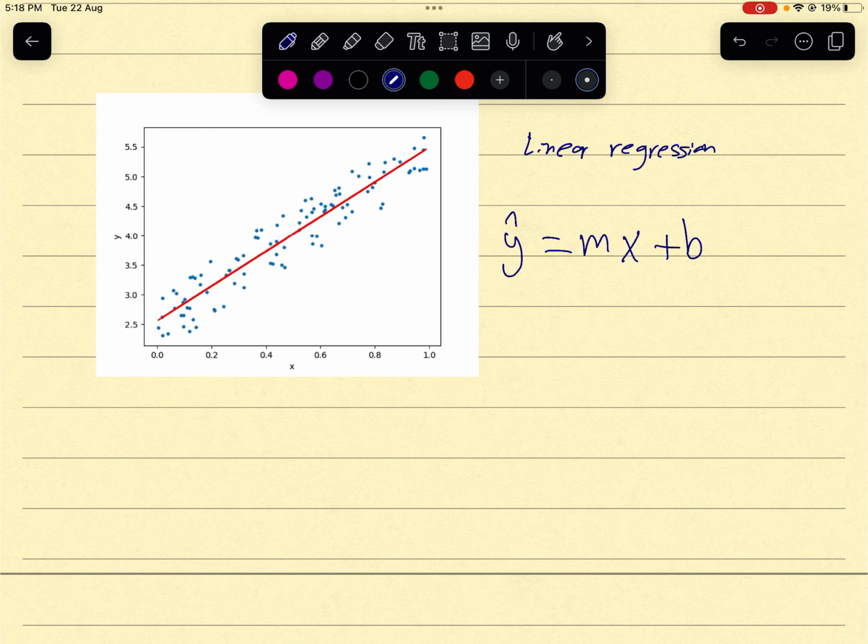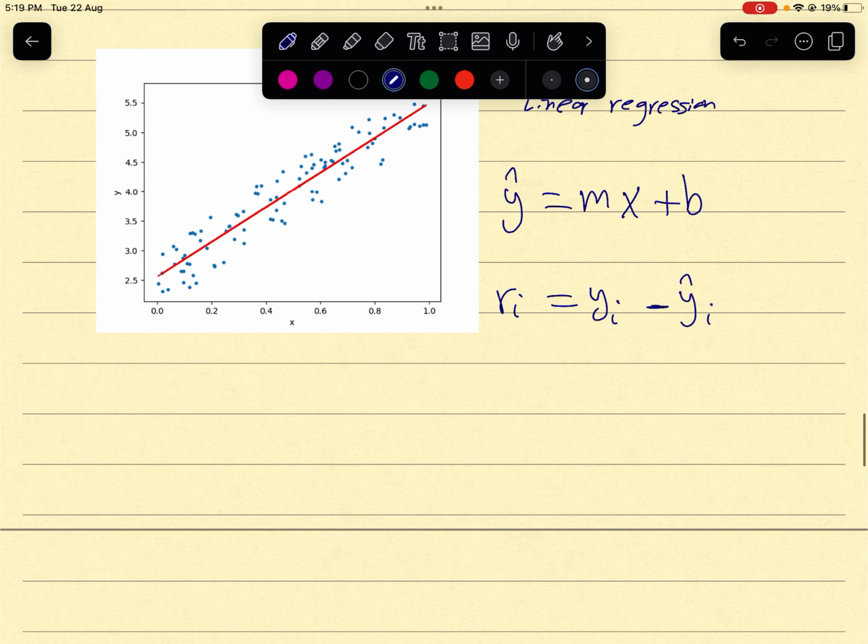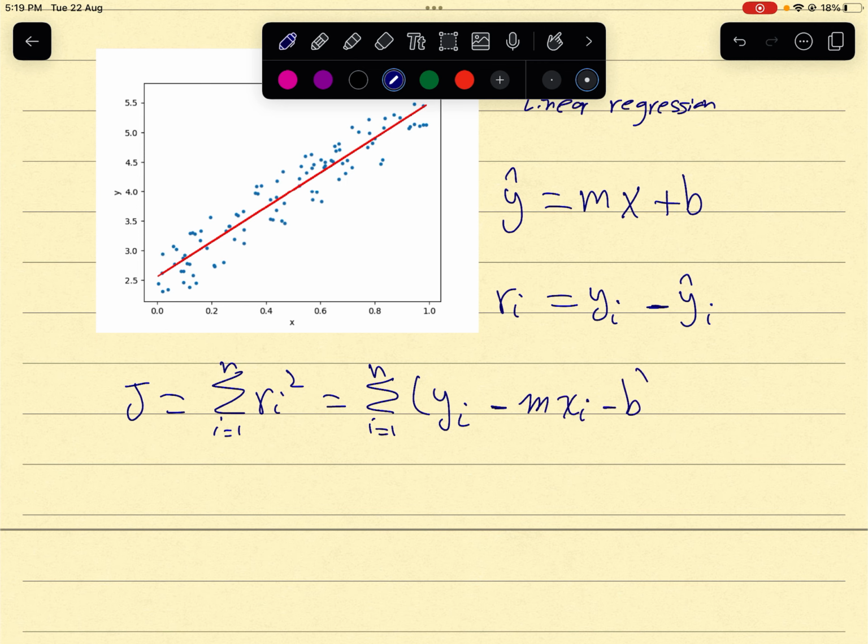So I will define ri, which is the difference between the actual value minus the predicted value y prime, okay, and I will define the cost function J equals the sum of ri squared, i equals 1 to n, which is equal to the summation i equals 1 to n of (yi minus m xi minus b) squared.